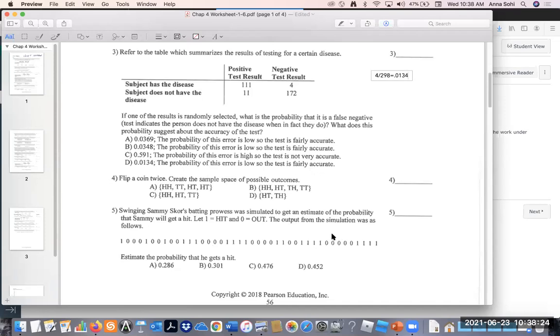So number 4, you flip a coin twice. What are the possibilities? So you get a head, head, tail, tail, head, tail, tail, head. So you're flipping the coin twice. Create a sample space of all possibilities. Which one is the answer?